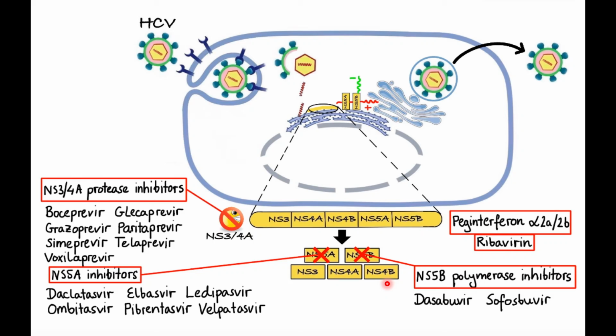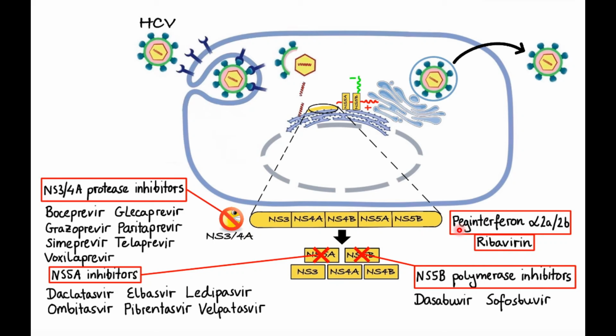So besides the entrance and translation inhibitors, the interferons are also effective for the treatment of hepatitis, especially the chemically modified pegylated interferons alpha-2a and alpha-2b, usually in combination with ribavirin, that is an antiviral agent.